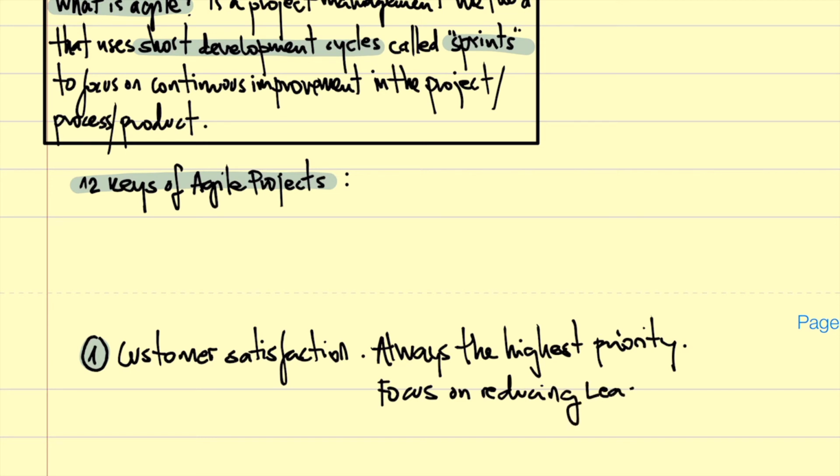lead time. In German, wir wollen immer die Durchlaufzeit reduzieren. Okay? After focusing on the customer, here the focus is on the lead time, then we focus on flexibility.